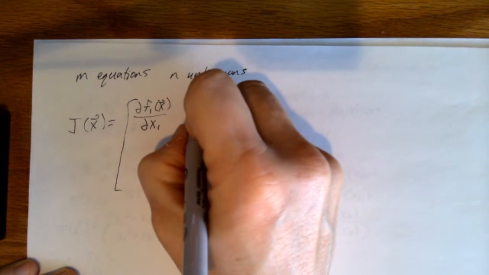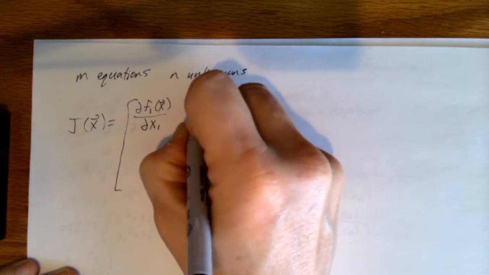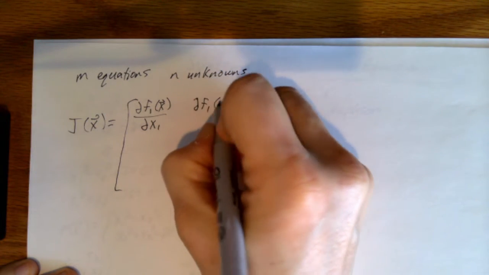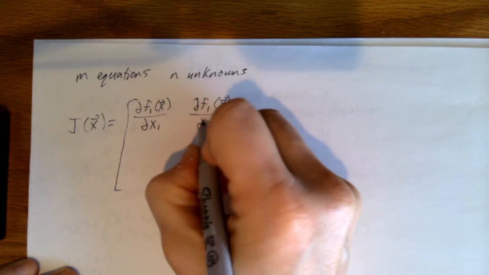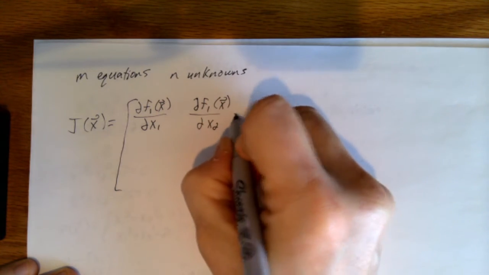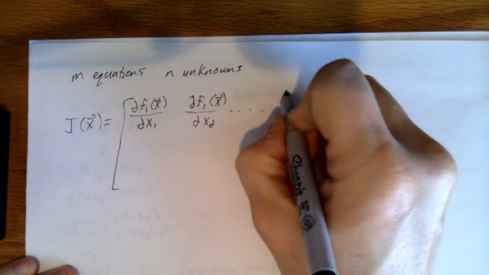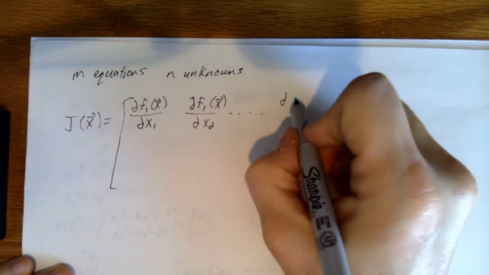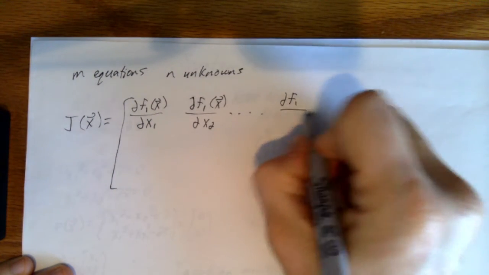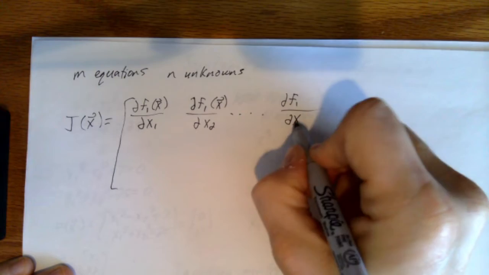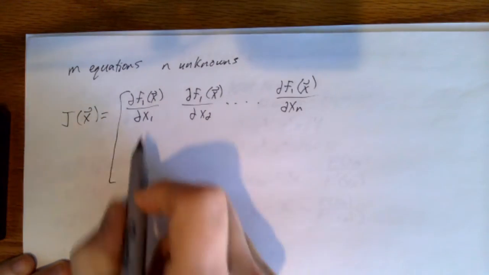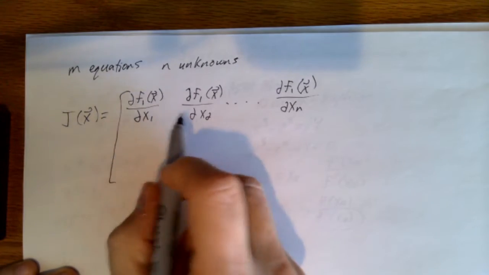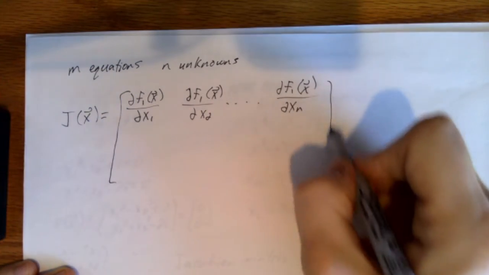And over here we'll use that same function again, but we're taking the partial derivative with respect to variable x2, dot, dot, dot. And eventually, since we had n unknowns, we're going to take the partial derivative with respect to x sub n. And so everything on this line uses the first function.